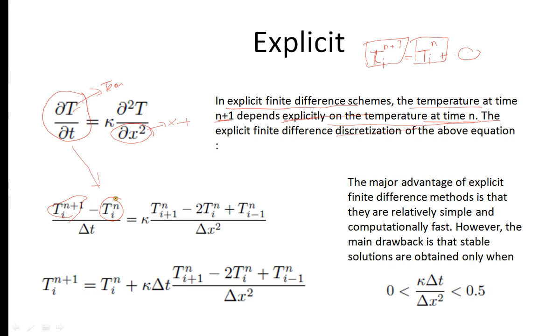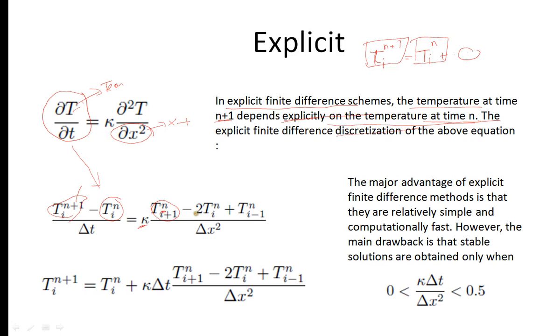According to the explicit definition, the future temperature depends on the present temperature, so all the other temperatures should be at the present time step. The time step here is n, right?